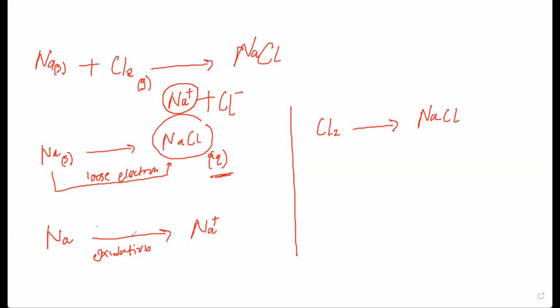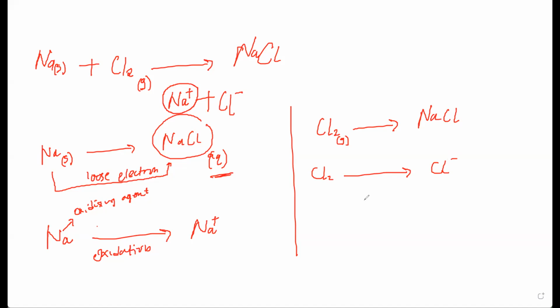And then the one which loses electron, the one which is oxidized, it's a what? It's a reducing agent. And then this one, from Cl2, which was more stable as a gaseous form, from Cl2 now to what? To Cl minus. Again, remember it's a non-metal.